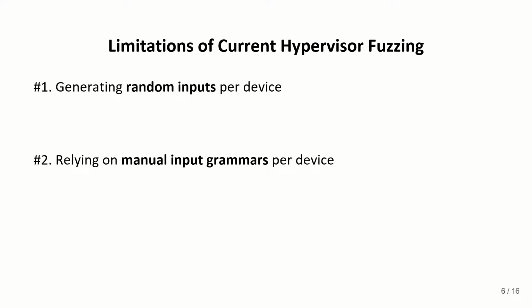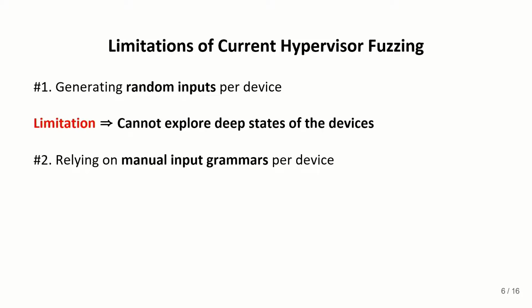Most hypervisor fuzzing techniques rely on two methods to generate the random inputs. The first is to generate random inputs without knowing the input format. And the second is to generate precise input relying on manual input grammars. But these two have their own problems.